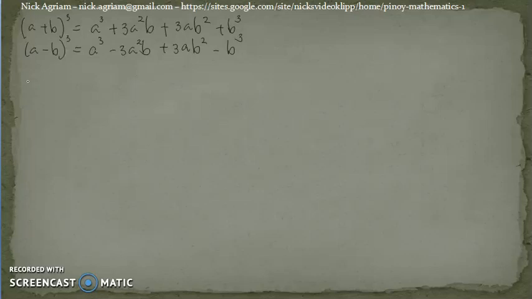Let's take some more examples. I have some doubts that you really need this. I will show you one example by using this one, and then I will use this one. If you understand what I mean later, then it's enough just to remember this pattern of the cube of a binomial.